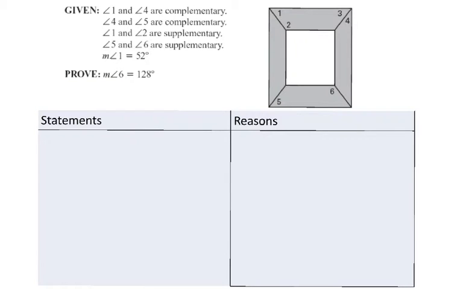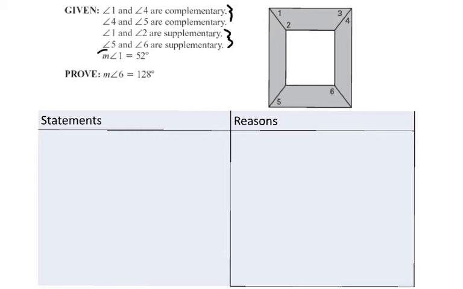Alright, so this is our last one and it's actually kind of a fun one to me. We're going to be using this given information up here, that angle 1 and angle 4 are complementary and angle 4 and 5 are complementary. Then we're going to be using these two right here, that angle 1 and angle 2 are supplementary and angle 5 and angle 6 are supplementary.